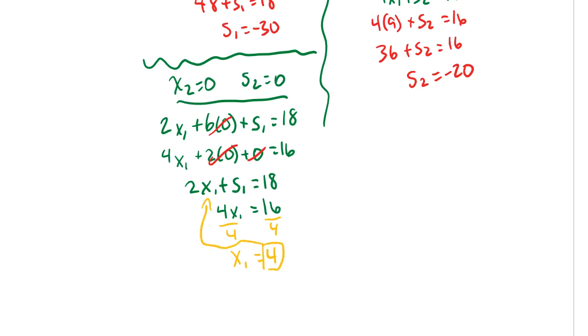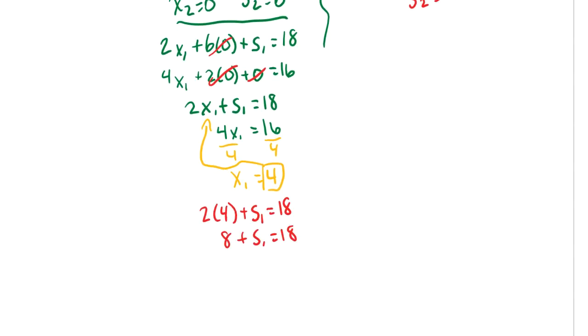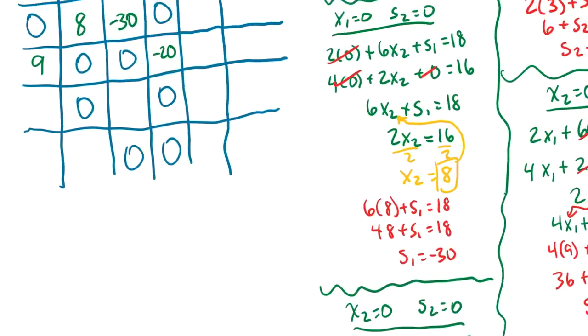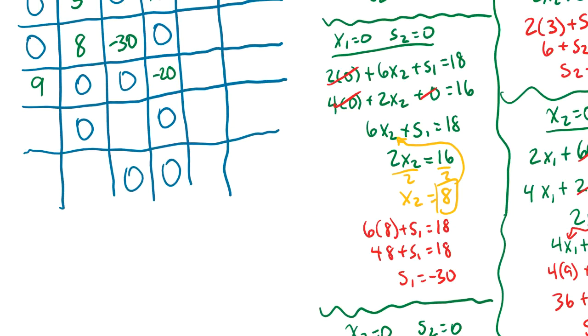And we plug that back in, so we get 2 times 4 plus s1 equals 18, which means 8 plus s1 equals 18. Subtract 8 from both sides, and we get s1 equals 10. So x1 equals 4, s1 equals 10.